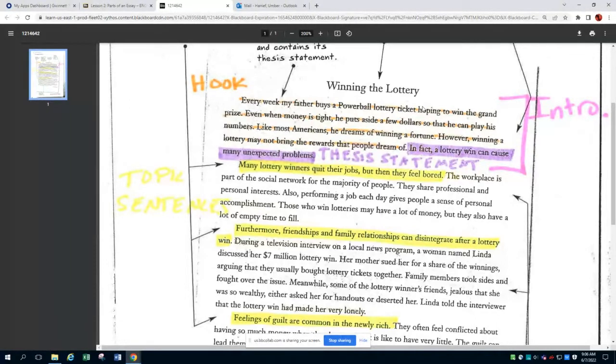There are 2 different sections of the introductory paragraph. Someone tell me what they are. The introductory paragraph has 2 parts. What are they?